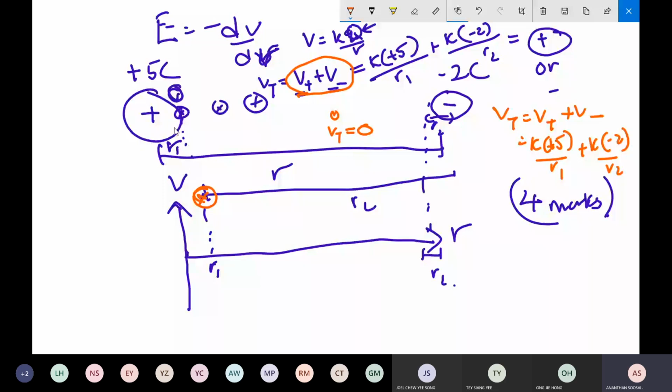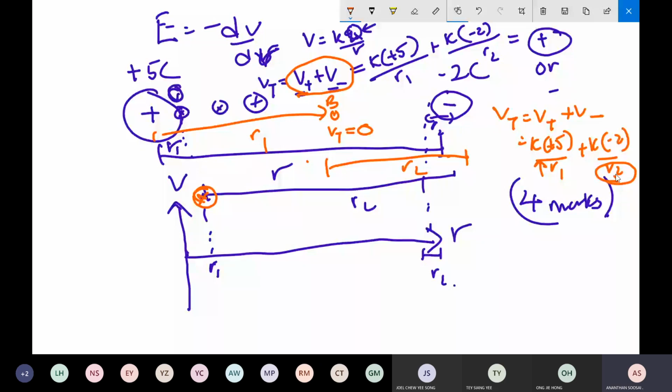But when you go further, say you choose some point B quite far away from the positive charge, what will happen to the R1 value? R1 will get bigger, right? What happened to the R2 value? R2 becomes smaller, right?